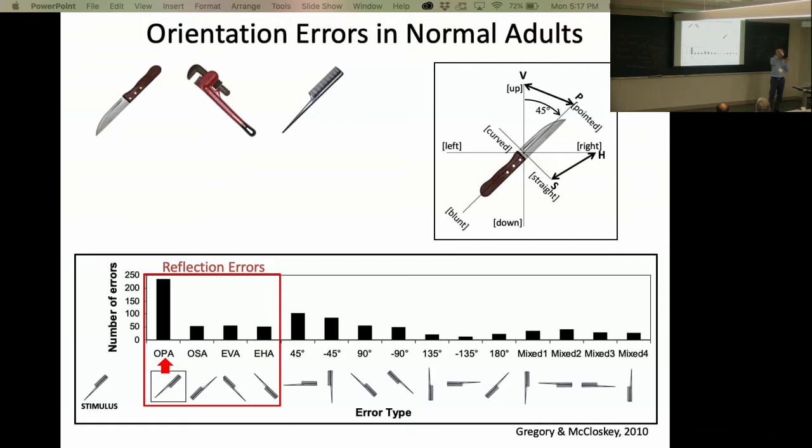The two ends of the knife, the pointy end and the blunt end, or the blade end of the handle, they're very different from one another, probably making it easy to remember which way they were oriented relative to the extrinsic axis. These two sides of the knife are not all that different. I mean, they're different in important ways, but it might be difficult to remember which way they were facing. If we use different types of objects where this difference is very salient and this difference is less salient, we find a lot more reflections this way and not this way.